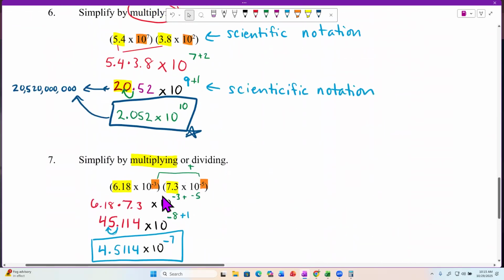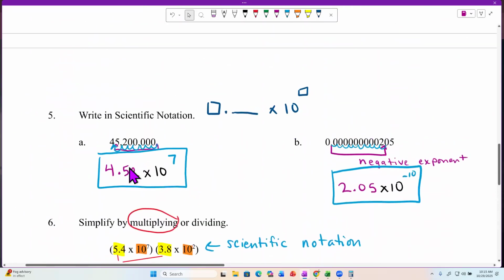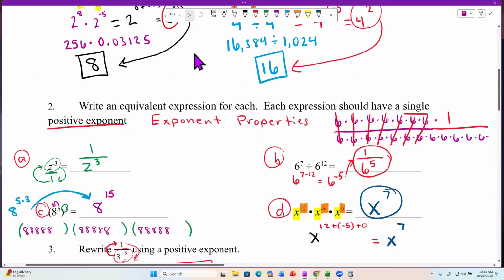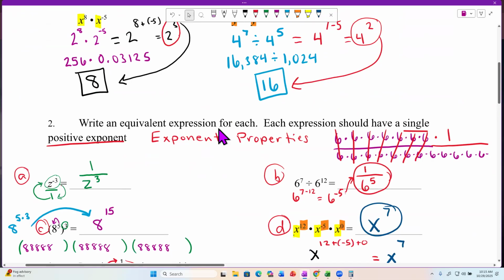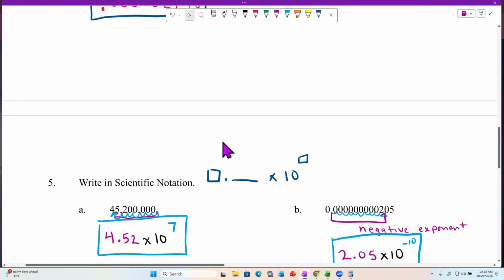There's only one of the multiplication problems. You do have writing in scientific notation, you have writing in standard form, and you have all of this. So that is what your test will look like. Shorter than this review.